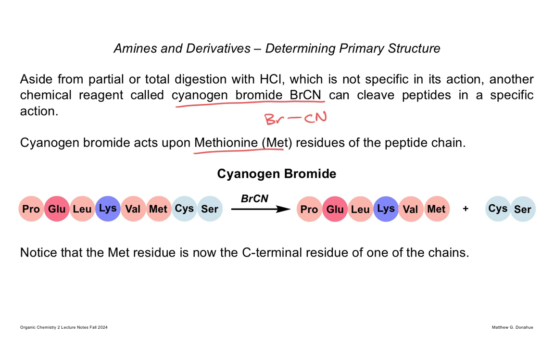So when you're reading these things left to right and you hit a specific amino acid, in this one methionine, it's cleaving to the right of that. So you have to read it first and then it cleaves. It's not cleaving before it.